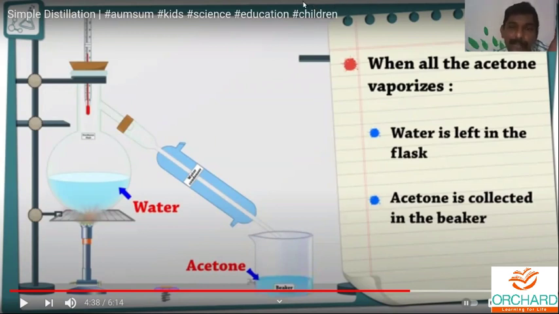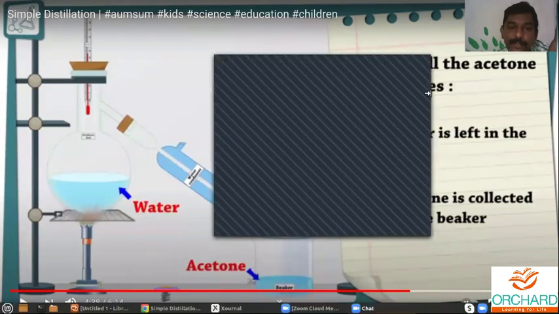Real-time example. Simple and real-time example of, yes, Siona, fantastic. Yes, Ramadesh, rain. Okay, rain. So that is natural distillation. Yes, Rahini, you are right, rainfall. Nature doesn't have any distillation flask.